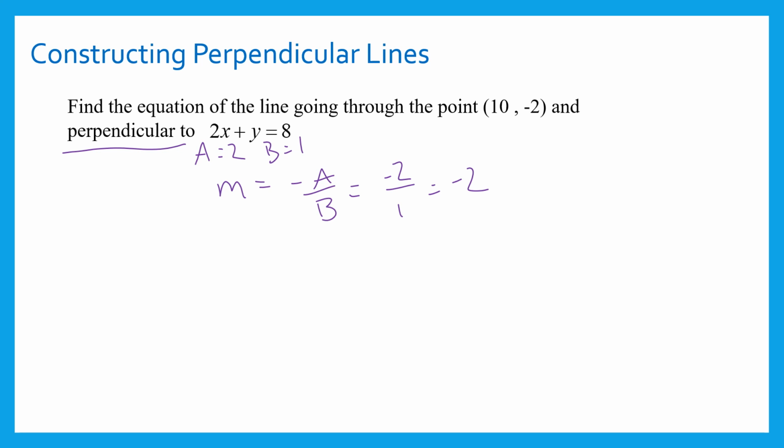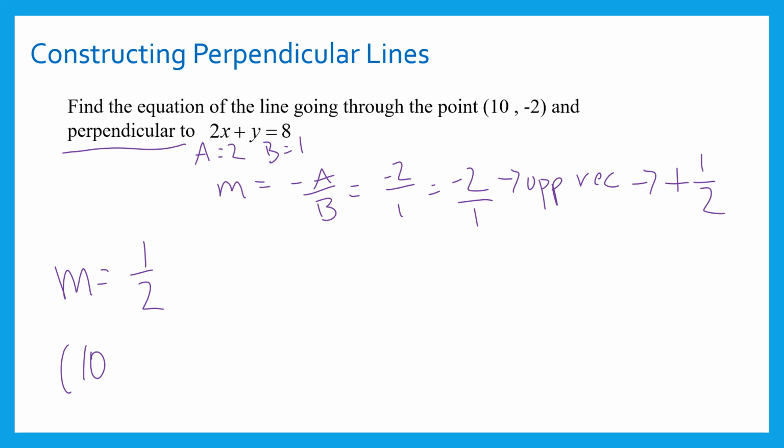-2. Okay, but I now want the opposite reciprocal of that since I want it to be perpendicular. So the opposite, that was negative, this is going to be positive. And the reciprocal of 2, which is really 2/1, is 1/2. So the slope that I want to use is 1/2, and I want it going through that point (10, -2).